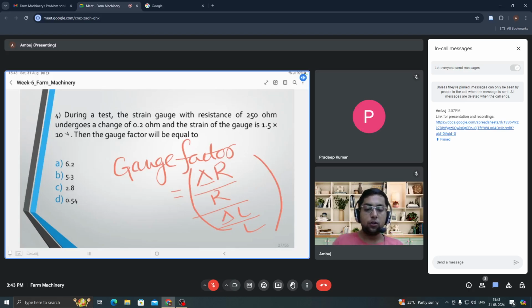What is the option which you are getting? Please do tell me. Del R is given here, then R is given here. Del L by L you can directly provide as 1.5 into 10 raised to power minus 4.